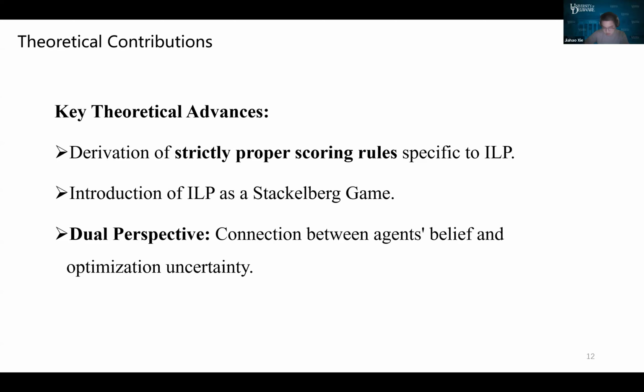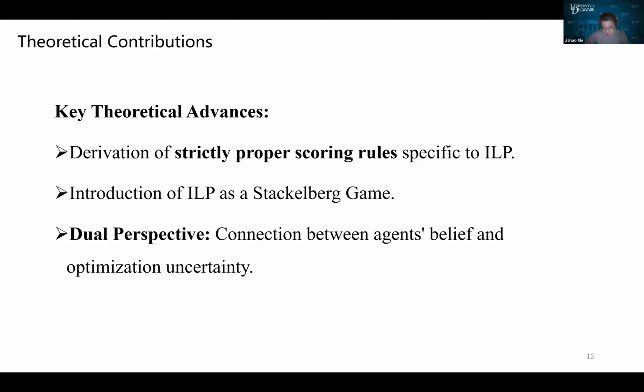Next, the authors structured the entire process as a Stackelberg game, where agents lead and the principal follows. This structure minimizes the principal's influence, so we get a solution that better reflects the collective view.